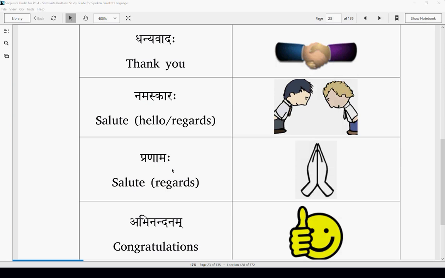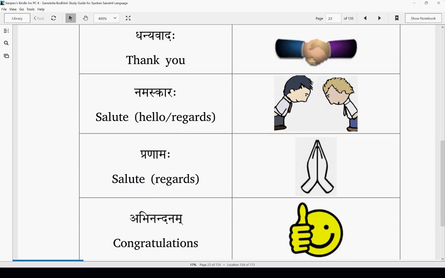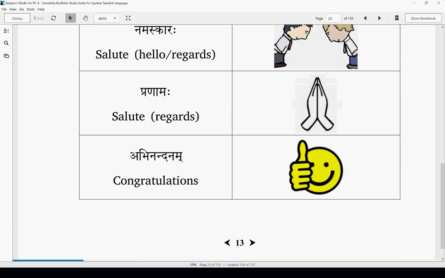And then abhinandanam, congratulations. I don't know in English what exactly that congratulation means, but we all use congratulations. Somebody succeeds, attains success, we use congratulations.